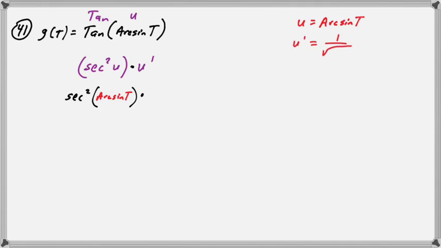Well, u prime over radical 1 minus u squared, so it'd be something like this. 1 over radical 1 minus t squared. Okay, so now I need to find the secant squared of the arc sine.